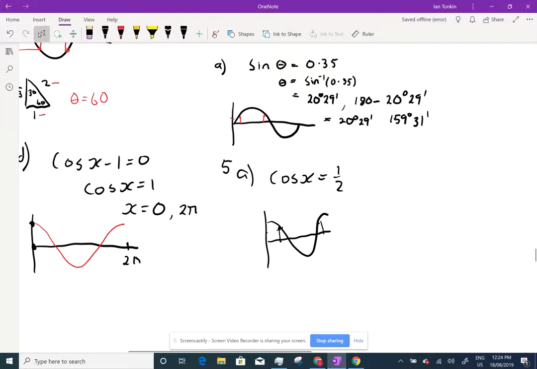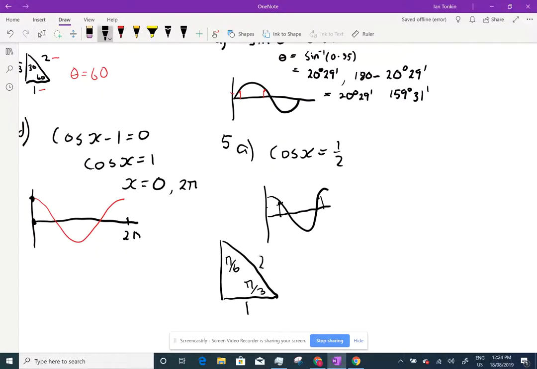So we need to find the acute angle. Well, I'll just draw this. But this time, instead of degrees, I'm going to put pi on 3, pi on 6, and I get 1, 2, root 3. So my acute angle is going to be pi on 3.